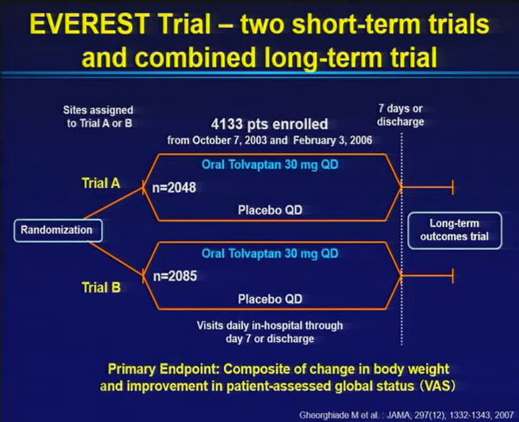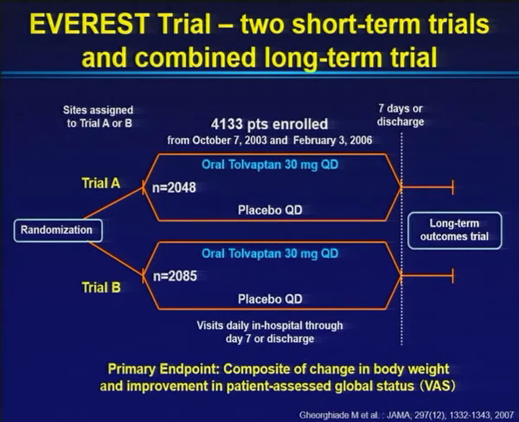In the EVEREST trial, this is the combination of the short-term trial and long-term trial. There are 2 short-term trials, here and here. This is separate. 4,000 patients were enrolled, with oral Tolvaptan 30 milligrams.